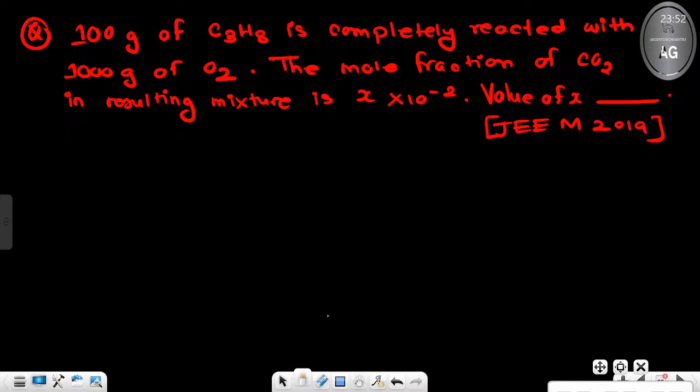What will be the value of X? Okay. The question is easy, but the calculation might be a little big. Why? Because it involves a little bit of class 11 concept, and that I have already revised with you today. Today also, on the second day, I was revising class 11 only because the class 12 paper started also today. We start with solubility tomorrow, but today we cannot start.